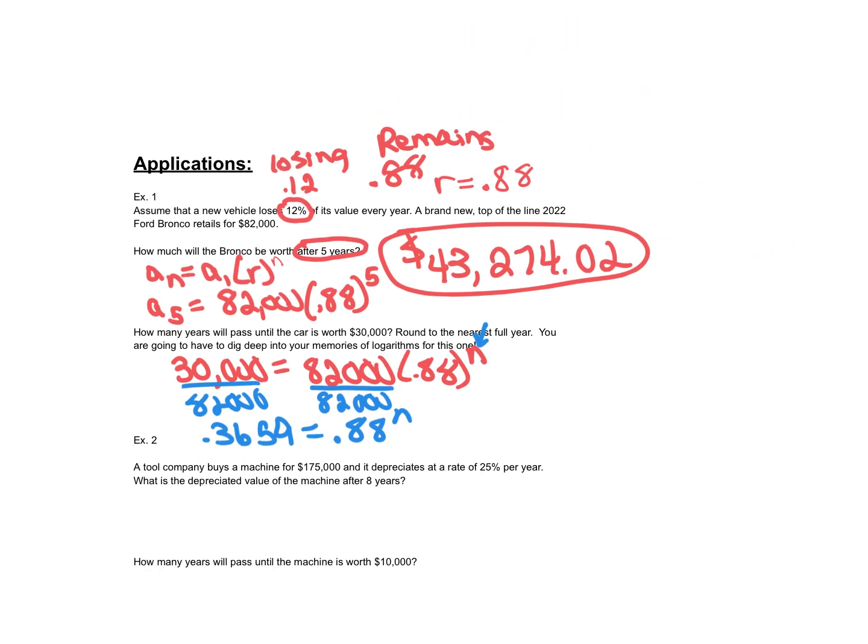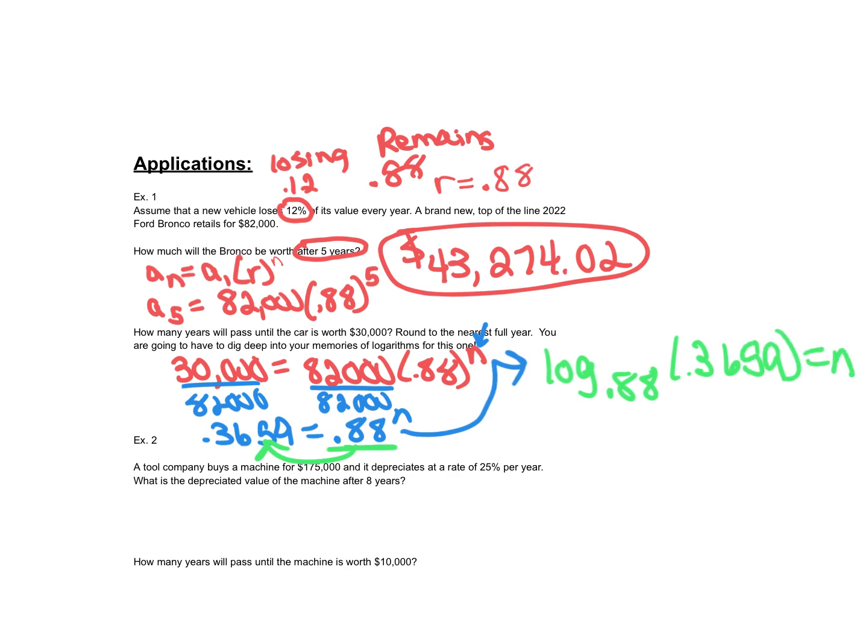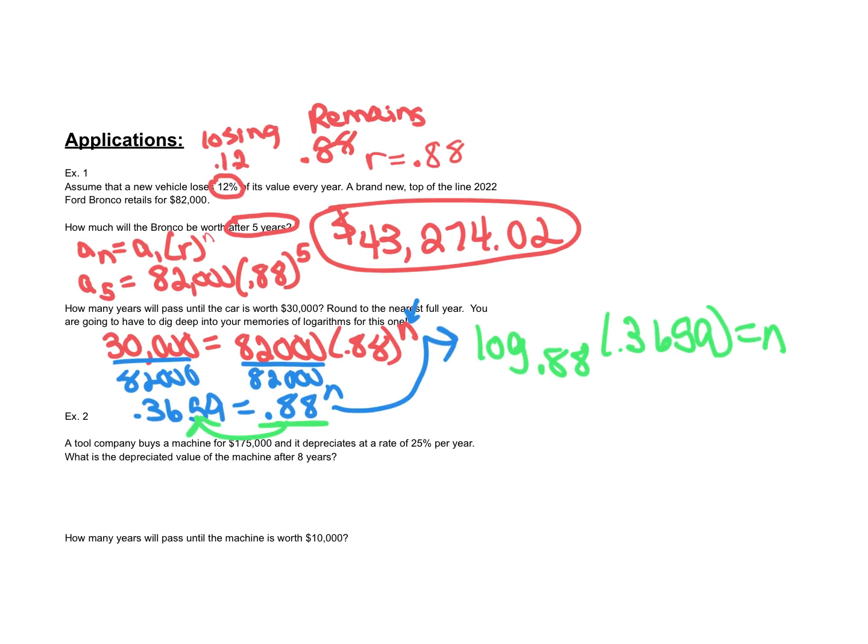Okay. Now coming up over here, how do I get that variable out of the exponent? I rewrite it as a log. So I'm going to have log, remember, my base is 0.88, of what I'm taking my log of, which is going to be 0.3659, equals n. And again, you can calculate that in your calculator.